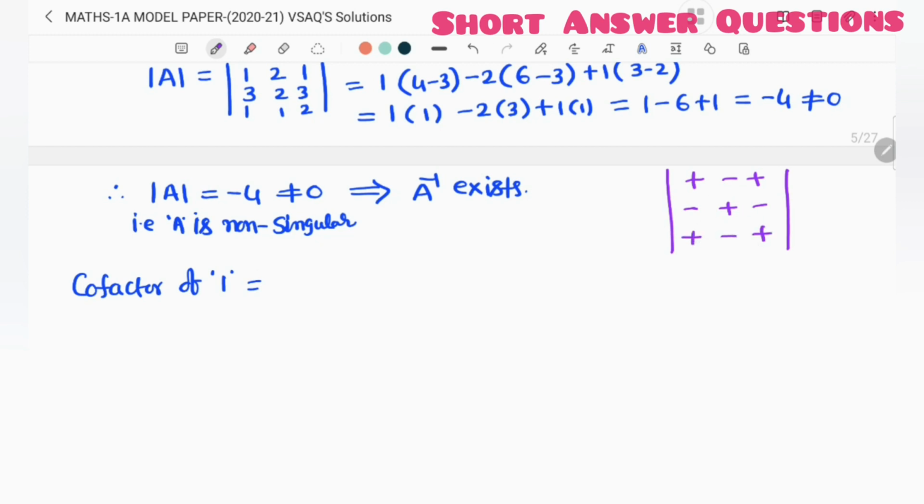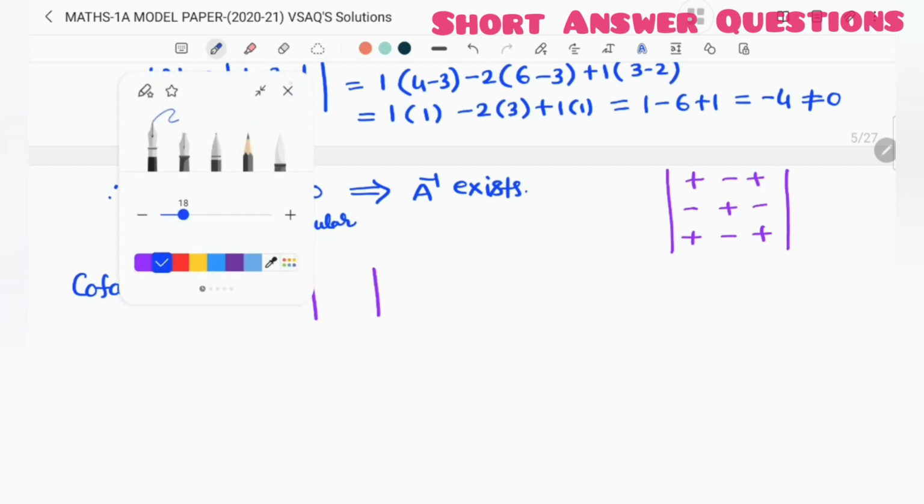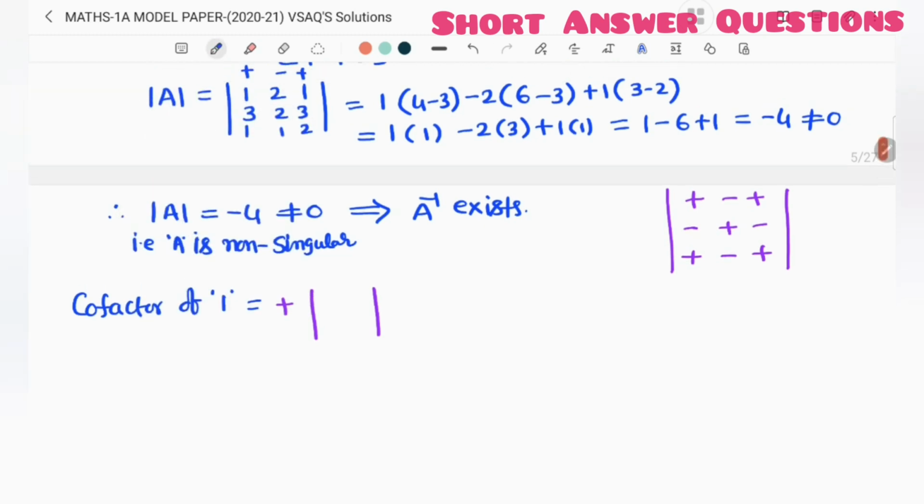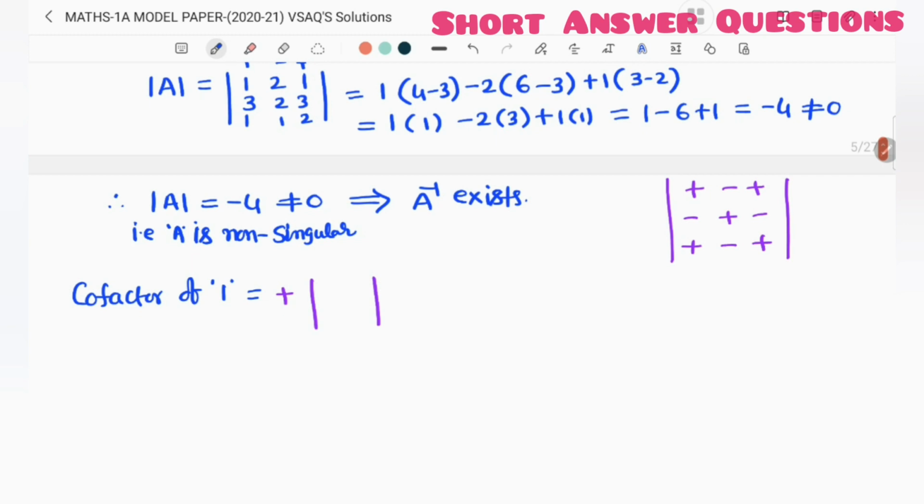So first here plus, the determinant of 2 3, 1 2. So 2 into 2 is 4, minus 3, which is equal to 1.